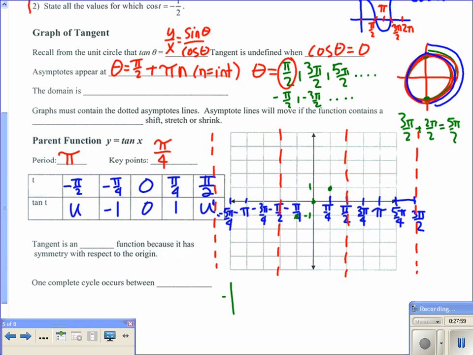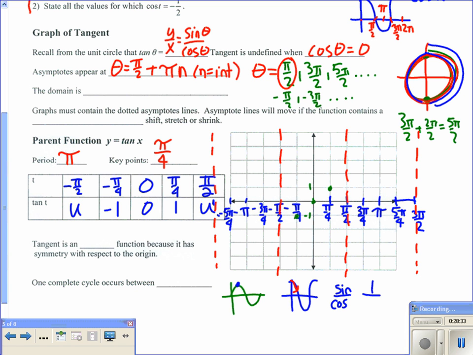So let's think about, again, our sine and cosine graphs. My sine graph looks like this for the first wavelength, and my cosine graph looks like this. If we look at pi over 2, on my sine graph pi over 2 is a value of 1, because remember tangent is sine over cosine. So when we're approaching pi over 2, sine is 1, but for cosine, since we can't get 0, notice what your cosine values are doing.